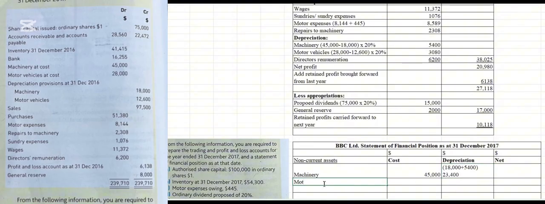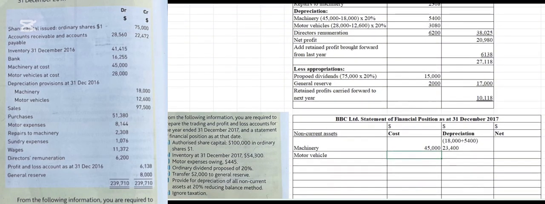Next non-current asset, motor vehicle. Same procedure. We know that the cost of this motor vehicle is 28,000 based on the information that we would have gotten in the trial balance. And we're going to find the accumulated depreciation.